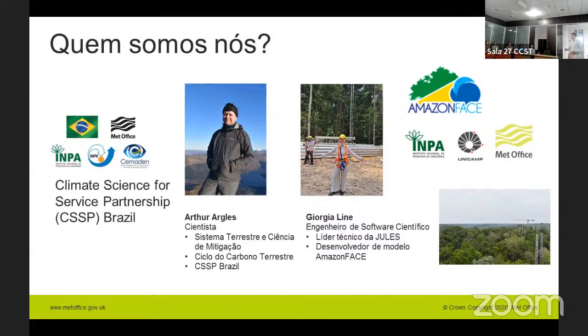But this is the first time I'm actually here in the country, so it's a good opportunity for me just to hang around and see what's up. The Climate Science for Service Partnership is a collaboration between the Met Office and UK universities, such as the University of Exeter, Oxford, and INPE, INPA, and others.